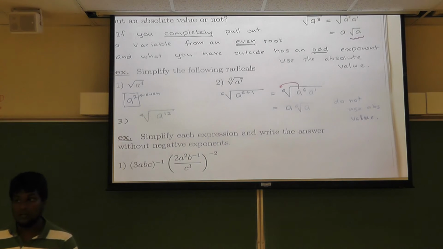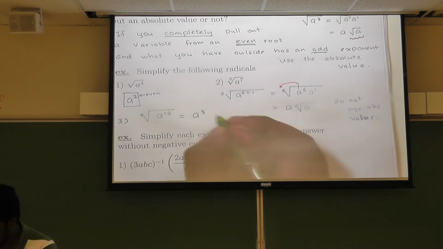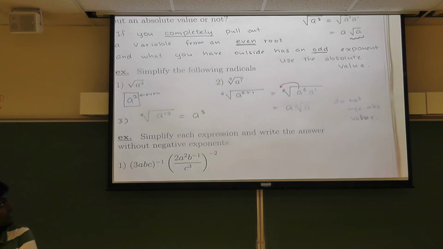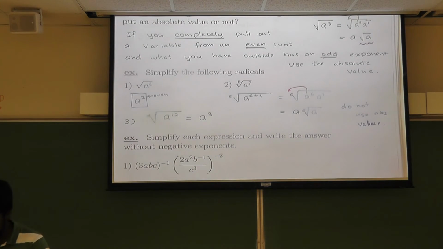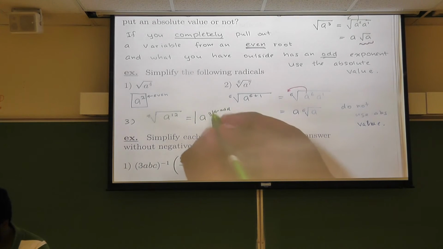Now let's see how you pull it out. The fourth root of a to the power 12. 12 divided by 4 is 3, so you take out a to the power 3. As you can see, you took the whole thing out, so now it satisfies this statement. You completely pulled it out from an even root, and what you have here is odd. Therefore, you need to use the absolute value.